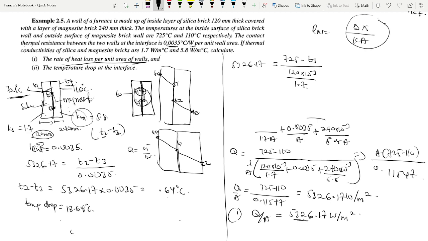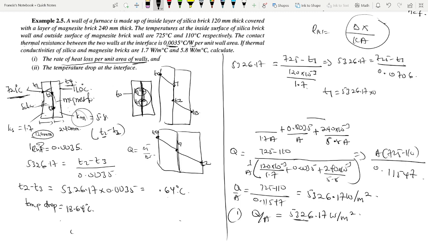So we are going to get 5326.17 equals 725 minus T1 all over, so evaluating that, 120 times 10 to the power minus 3 all over 1.7. So that is 0.0706.